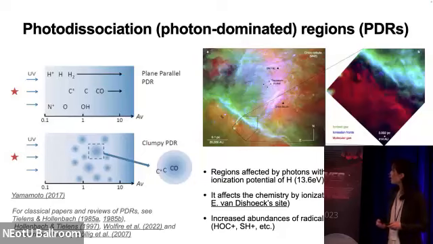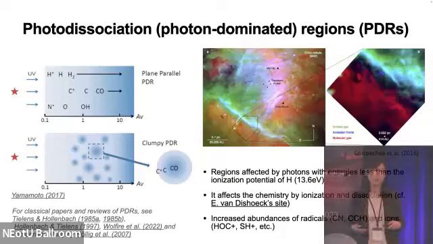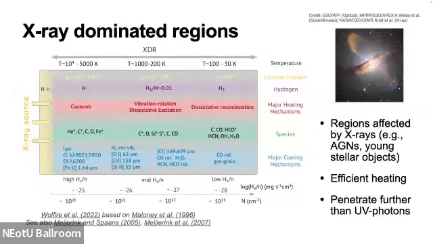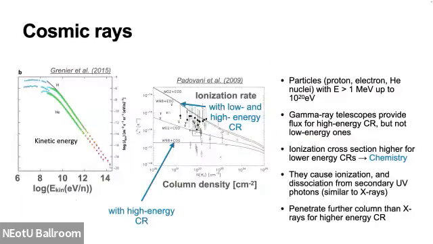I guess many of you know what a photodissociation region is. That's the region where UV photons are abundant from massive stars, and you see increased abundances of ions and radicals. Around the AGNs or young stellar objects, you have X-ray dominated regions, where you have efficient heating, ionization, and dissociation. And this can penetrate farther than UV photons.